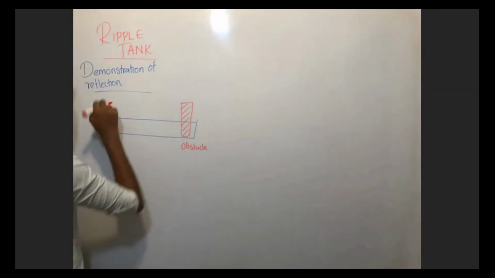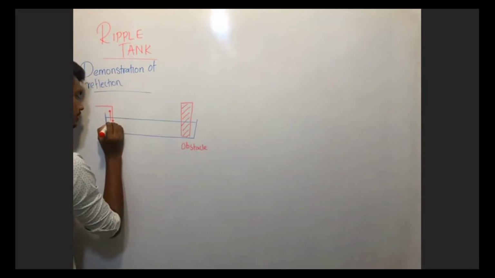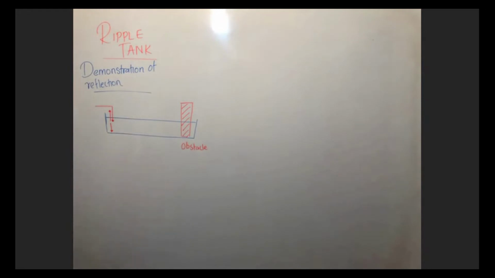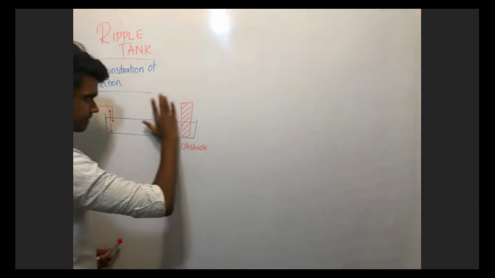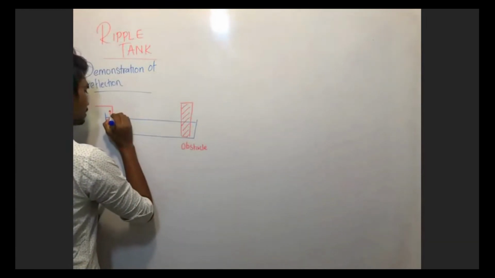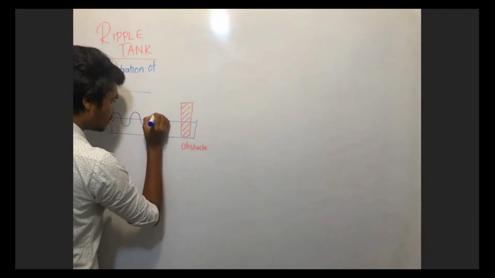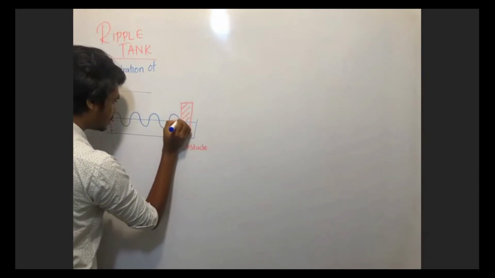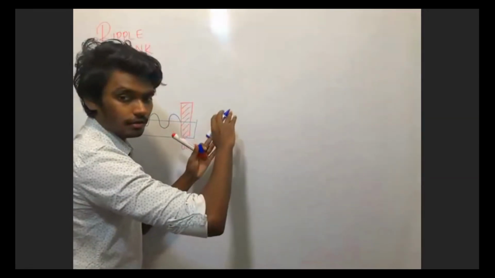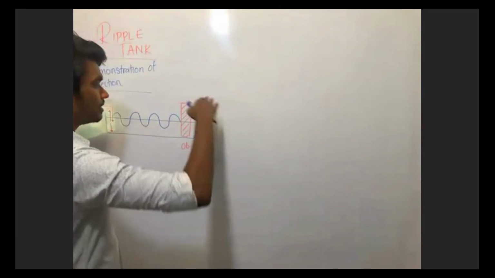So now if this point vibrator is vibrated or oscillated up and down on the water surface, what happens? A water wave will start to propagate and it will meet with this obstacle and it will reflect.